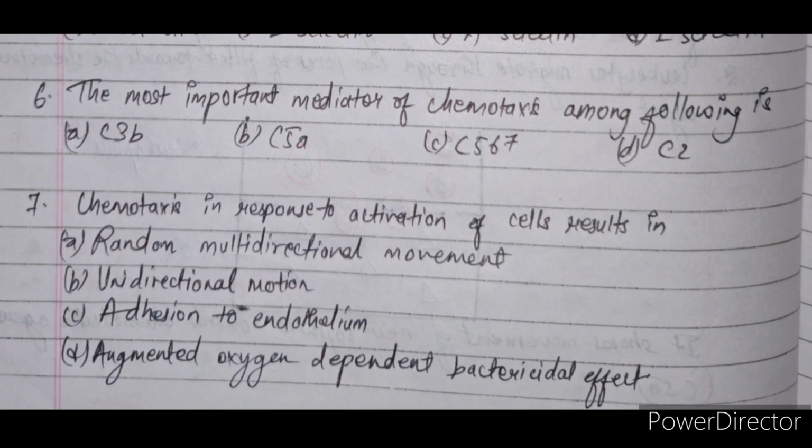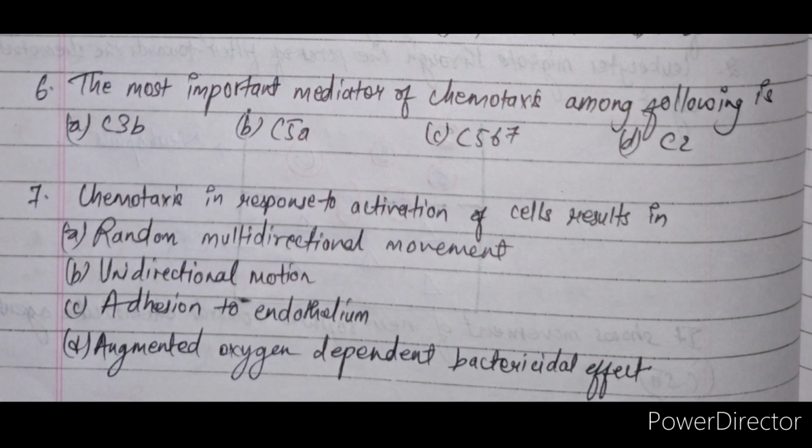Now let's see question 6. The most important mediator of chemotaxis among following is A. C3b, B. C5a, C. C567, D. C2. So what's the correct answer? The correct answer here is B, that is C5a. Now let's see question 7.